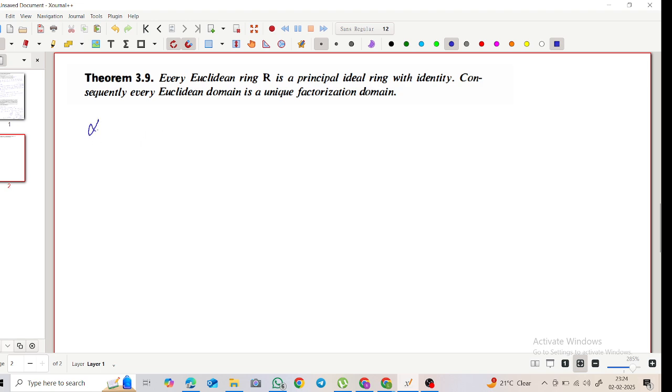Let I, a subset of R, be an ideal. So we will have to show that I is generated by a single element.